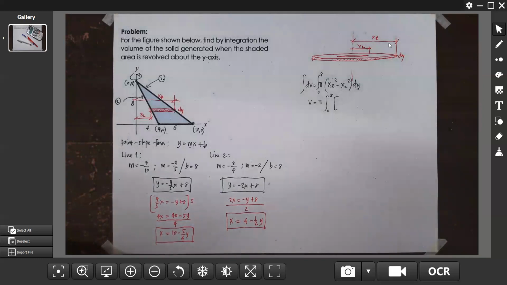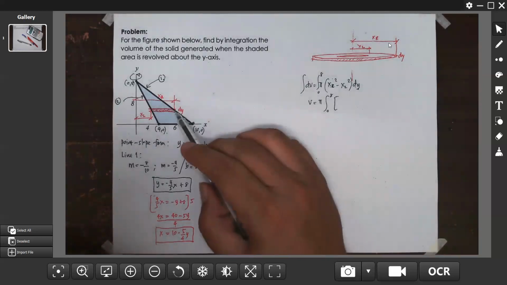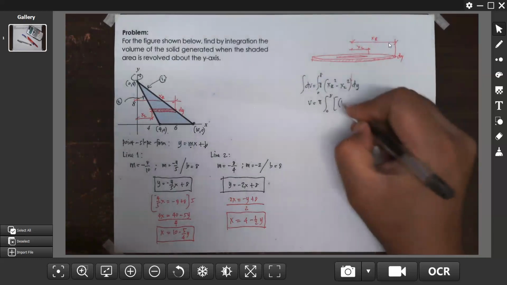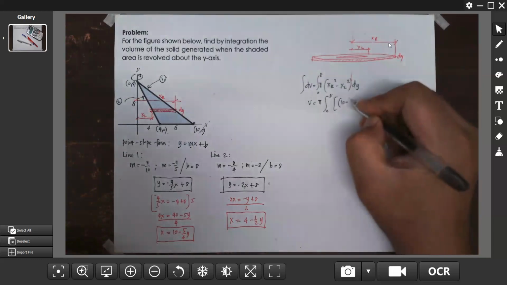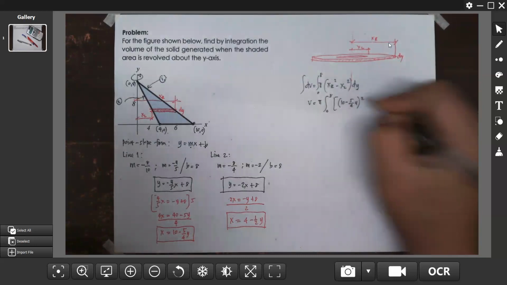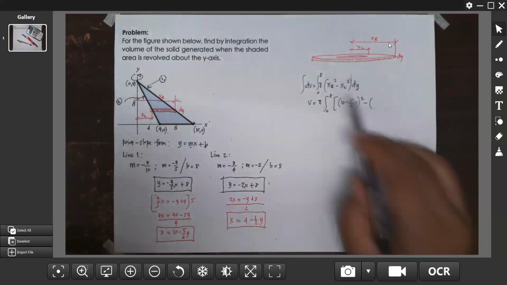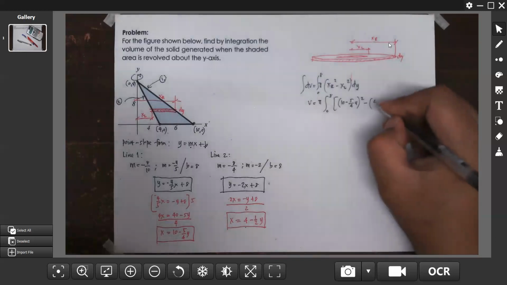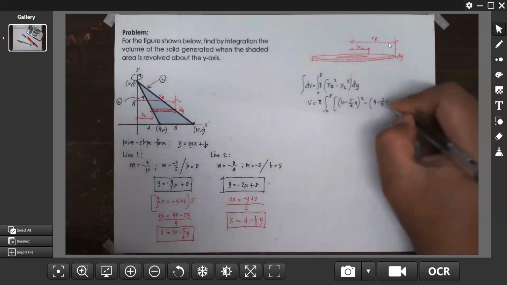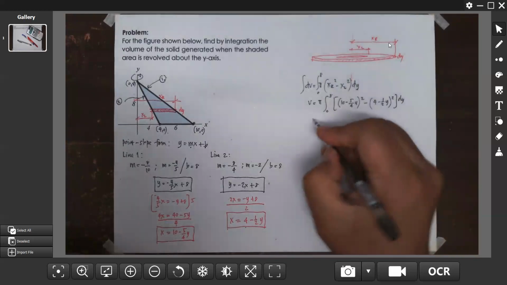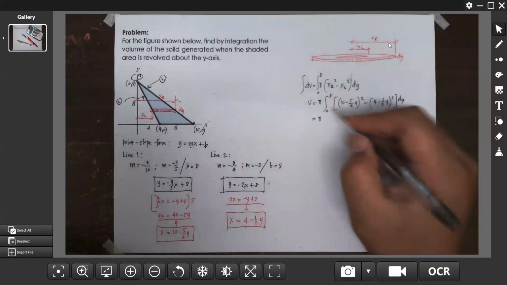So our x right is 10 minus 5 over 4 y, squared. X left is line 2: 4 minus 1/2 of y, squared, dy.